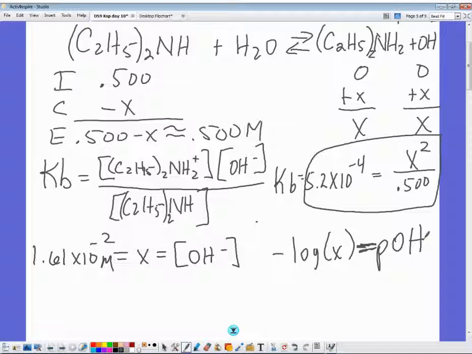Agreed? Now, here's an example of if you're not paying attention, you're going to try to use my Ka instead of the Kb that you need. And if you're not paying attention, you're going to minus log x and say that's the pH. And I'm going to say a weak base has a pH of 2. What? You've got to be careful with your acid base.